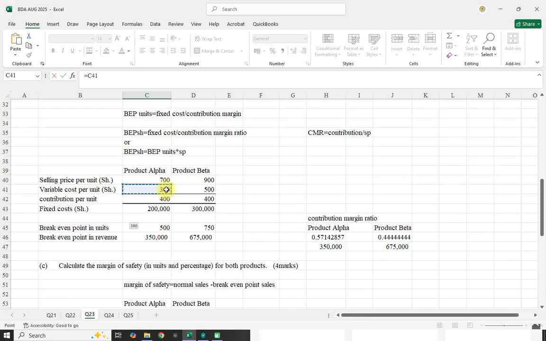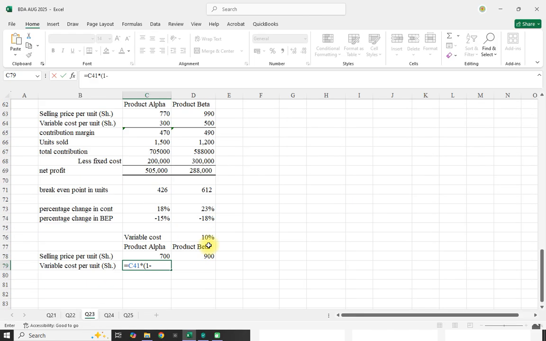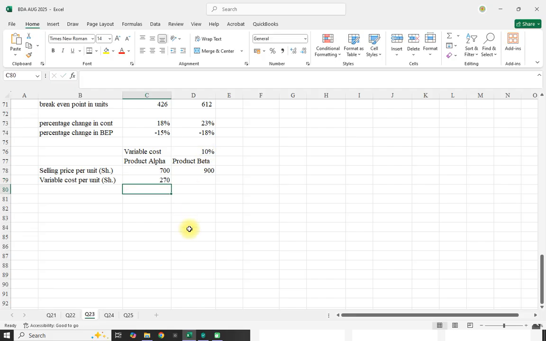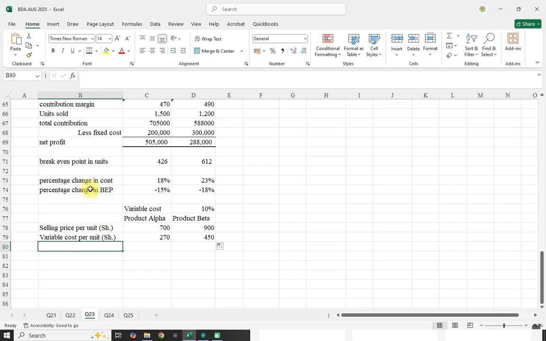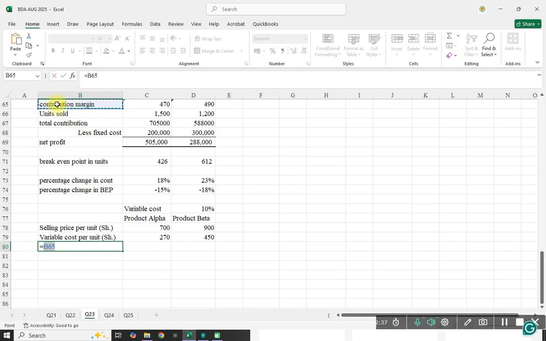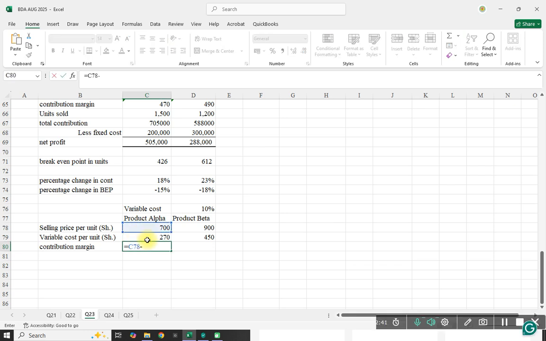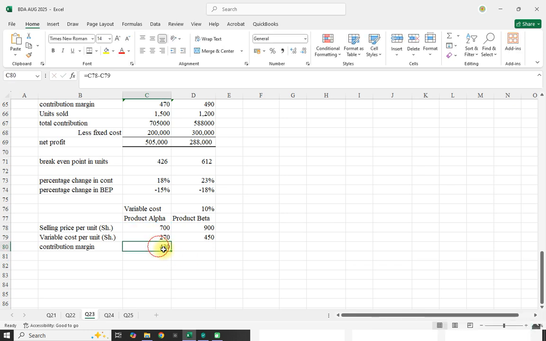I take the variable cost multiplied by 1 minus favorable, it will reduce by 10%, and I will lock this, so that will get to 70 and 450. You'll get your contribution margin here that way.